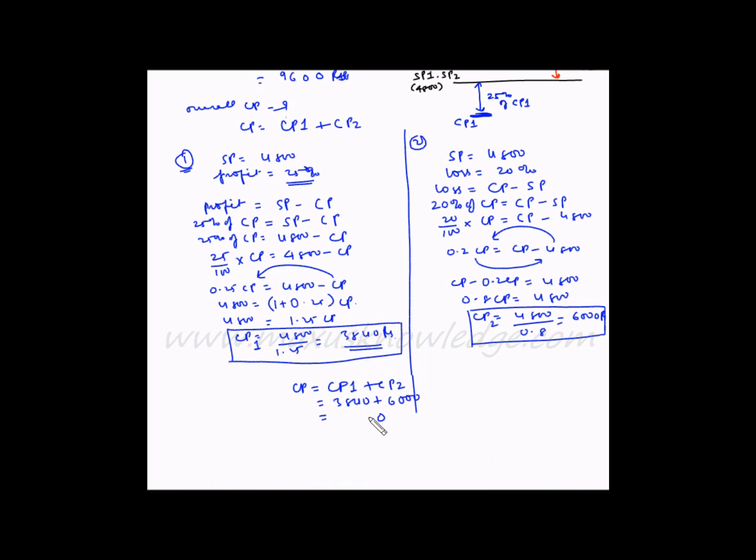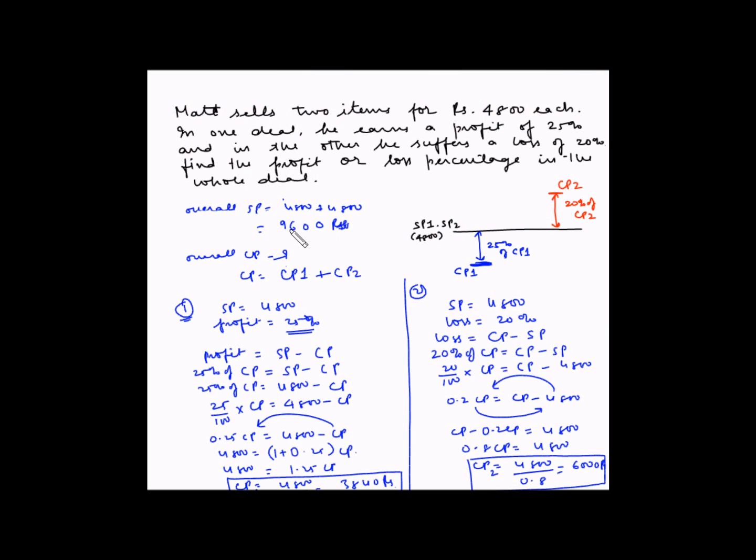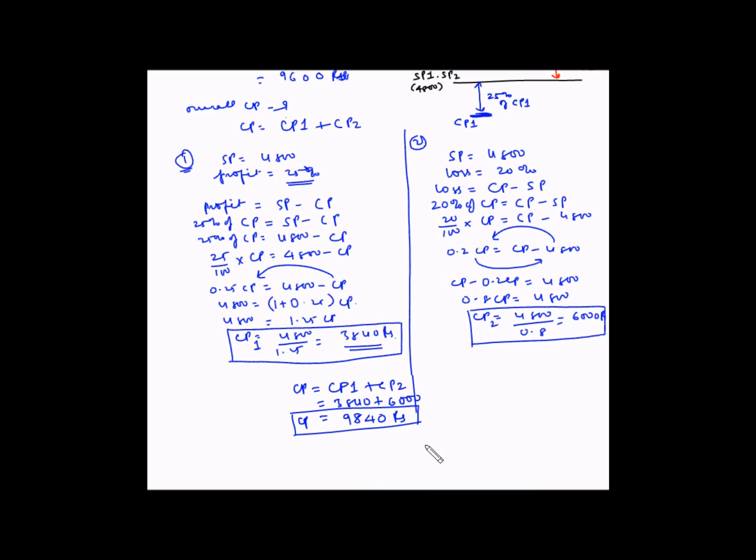So 0 plus 4 is 4, 8 plus 0 is 8, 6 plus 3 is 9. So our cost price is equal to 9840, and our overall selling price is 9600. So selling price is 9600.